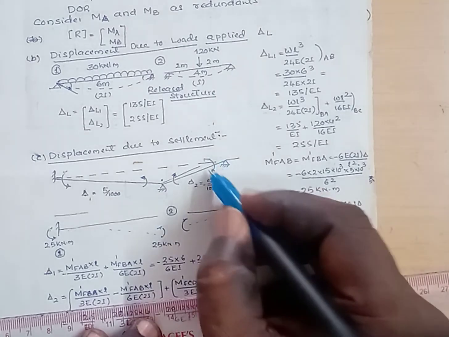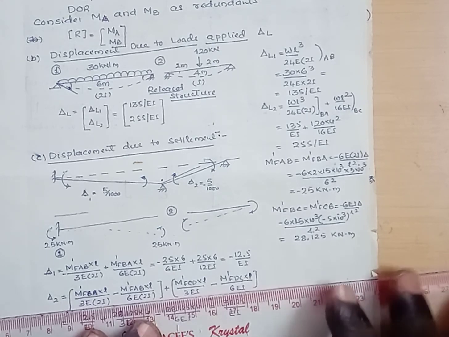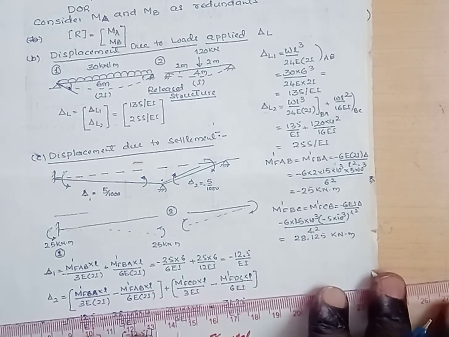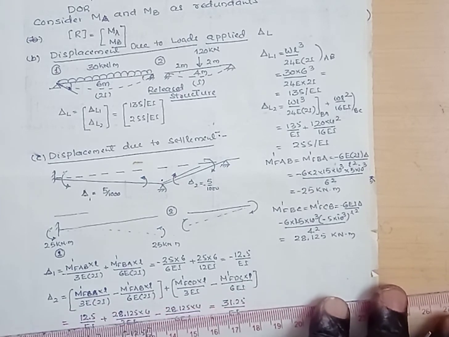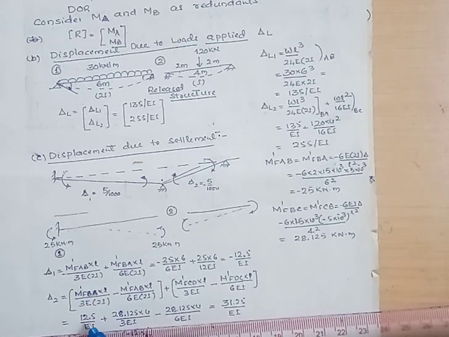By substituting the values of M dash f ab and M dash f bc, after simplification, that is 12.5 by EI in span AB.